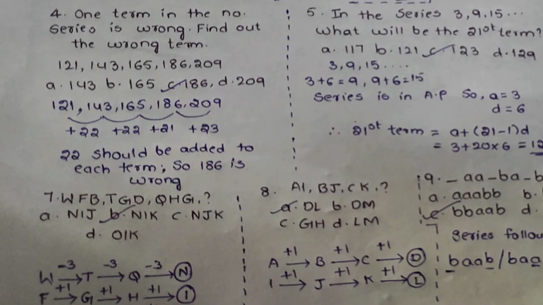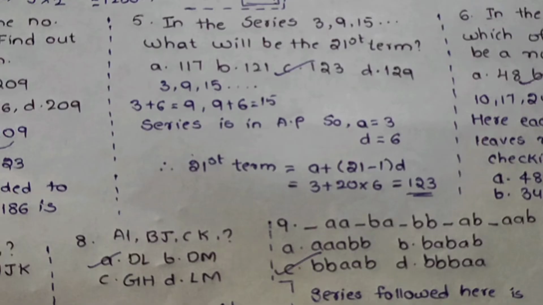And now moving to the fifth question, the question is in the series 3, 9, 15 and so on, what will be the 21st term? Options are 117, 121, 123, 129. So here first let us see if the series is in arithmetic progression or geometric progression. So the series is 3, 9, 15. For 3 if you add 6 you get 9.